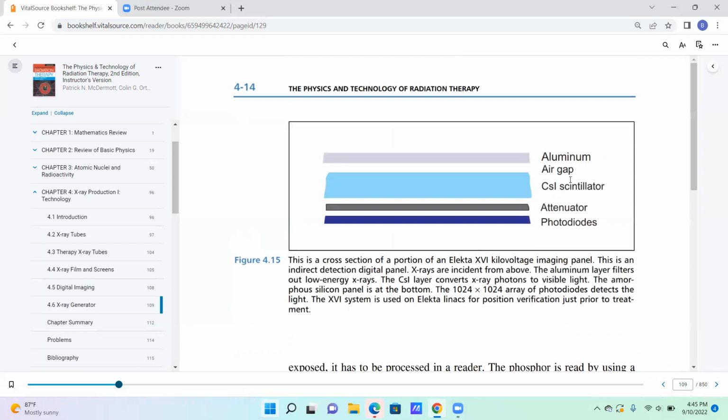No, wait. There we go. So you've got aluminum, you've got an air gap, you've got a CsI scintillator, you've got attenuator and photodiodes. So that is an Elekta 16 kilovoltage imaging panel.